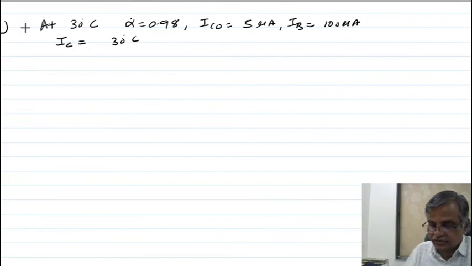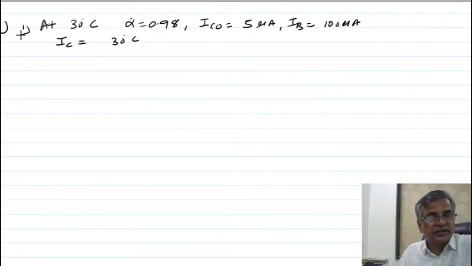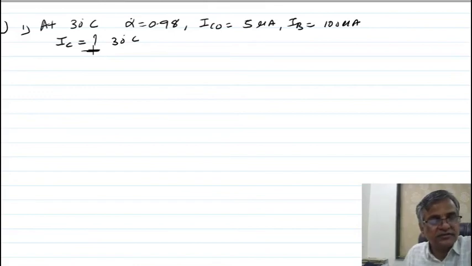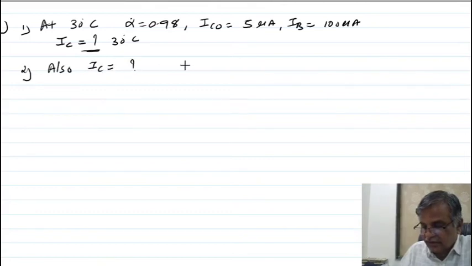That is the first question. Second, also calculate the collector current at 60 degrees centigrade.